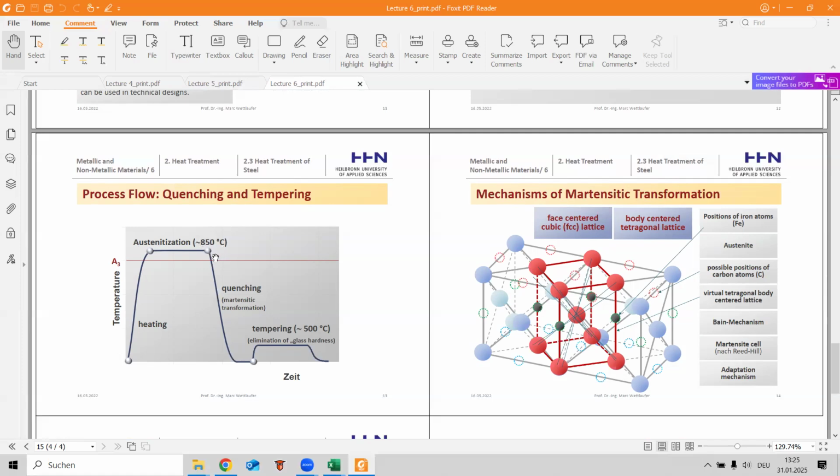Then we have quenching, martensitic transformation, rapid cooling. Then we have a bit of increase, so a plateau, tempering at around 500 degrees Celsius, formation of glass hardness. Then we have this.